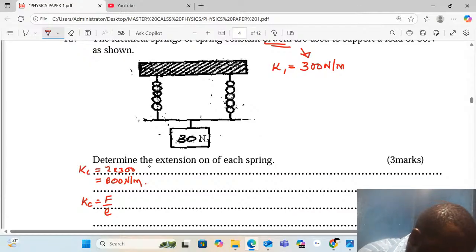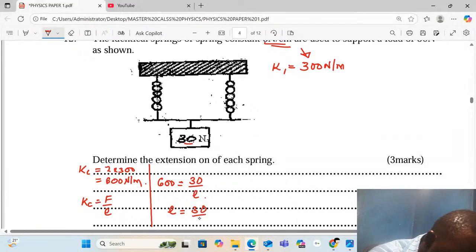So this will lead us to Kc, which is 600, equals the force. From the diagram, you can see we have 30 newtons divided by the extension E. So our E becomes 30 divided by 600, which is 1/20.